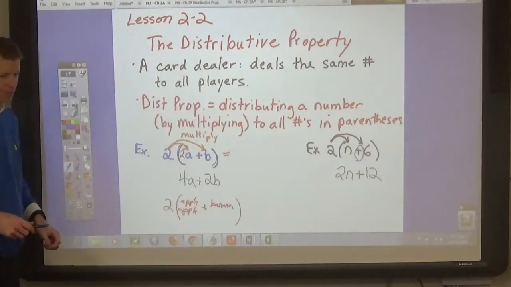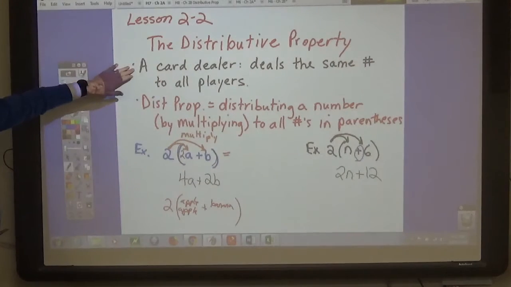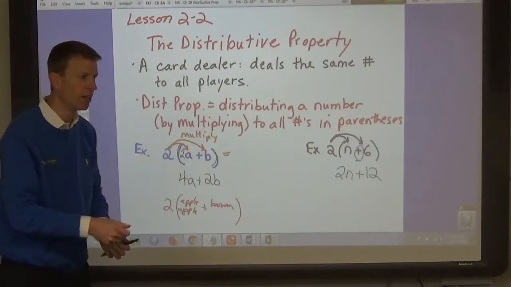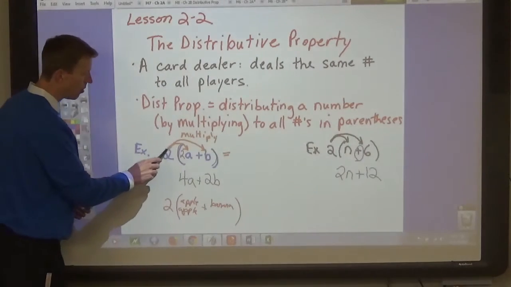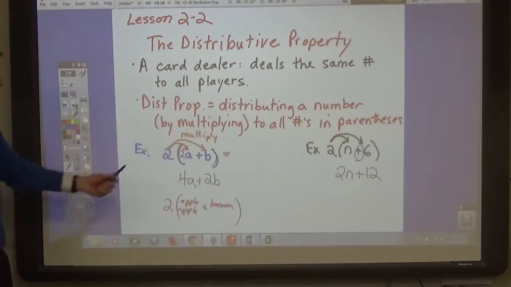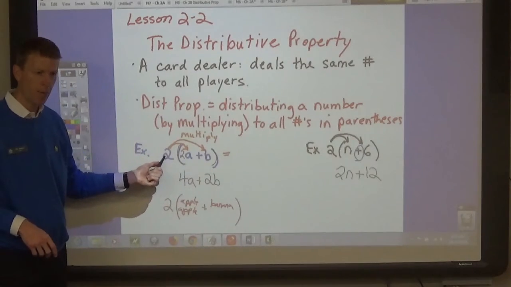Okay? I like to think of it like a card dealer distributes the same number of cards to each player in a game. That's how you can remember the distributive property. What you do is you distribute the number by multiplying each number in the parentheses by the number outside of it.